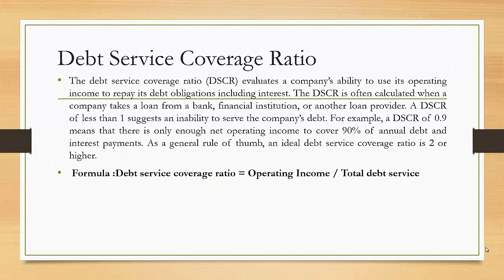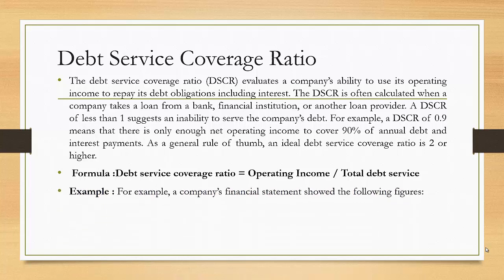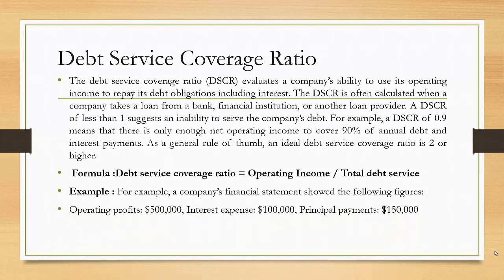The formula to calculate debt service coverage ratio is operating income divided by total debt service. Let's have a look at an example. For example, a company's financial statement showed the following figures: operating profit $500,000, interest expense $100,000, and principal payments $150,000.